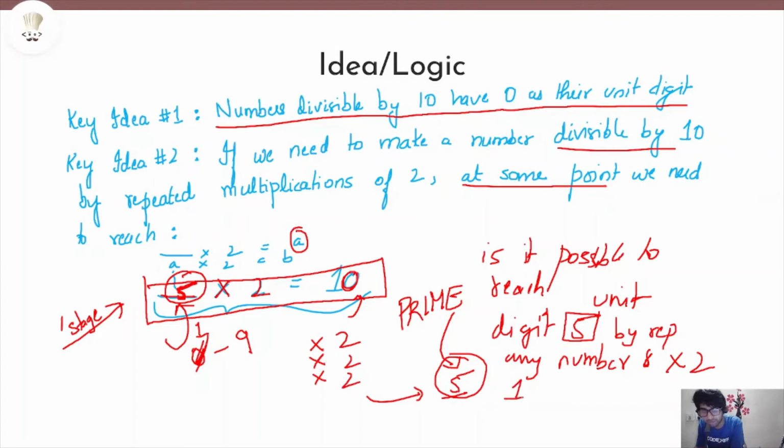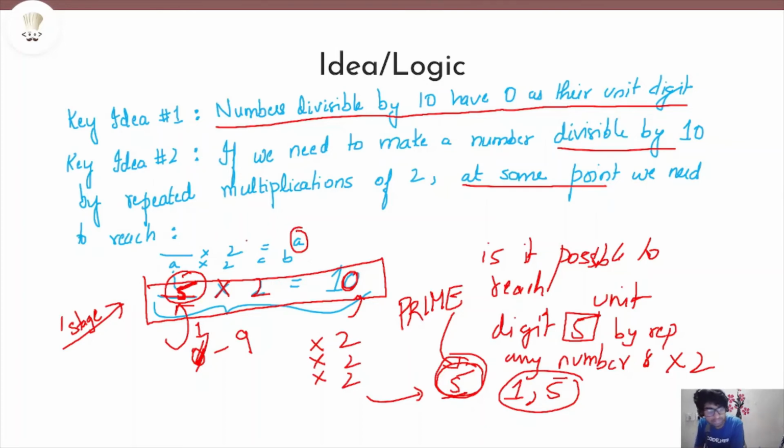It has the factor 1 and it has the factor itself. In order to get to this number 5, you need to think whether it's possible to get to this prime number 5 by repeatedly multiplying by 2. If you multiply something by 2, you get something, you multiply that by 2, you get something else, and finally, is it possible to land up with 5? No, it is not possible to land up with 5 by repeatedly multiplying by 2.